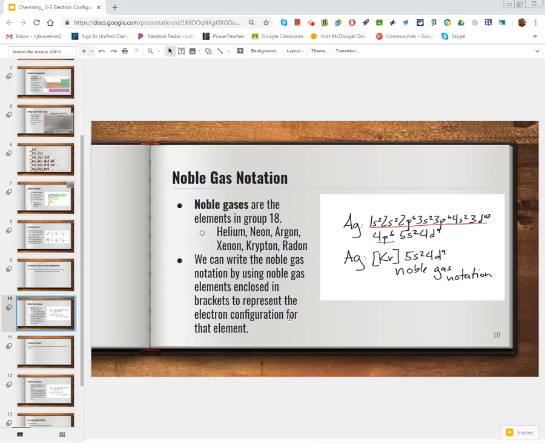So if you look at something like silver here, I could go through, and just like I did for chromium, write down the 1s2, 2s2, and all the way out to my 4d9. But who has the time to write this out over and over again all the time? So instead, we learn to write the noble gas notation where we just go back on the periodic table.